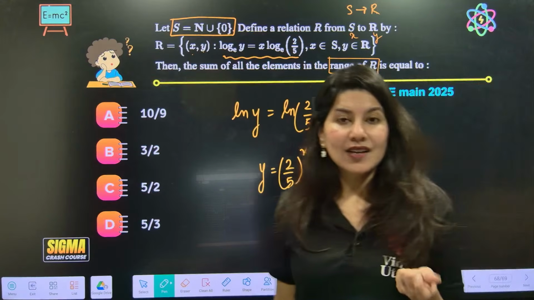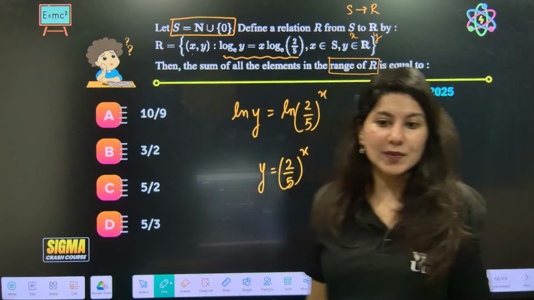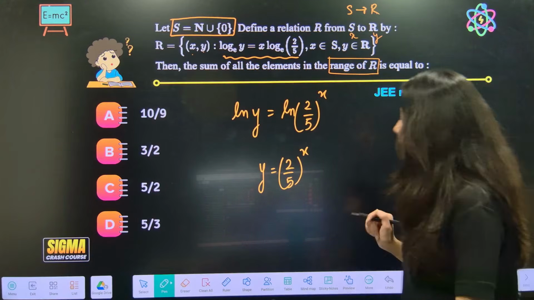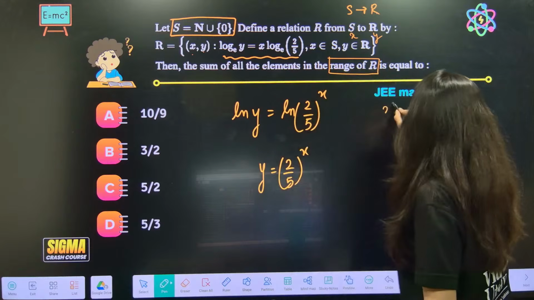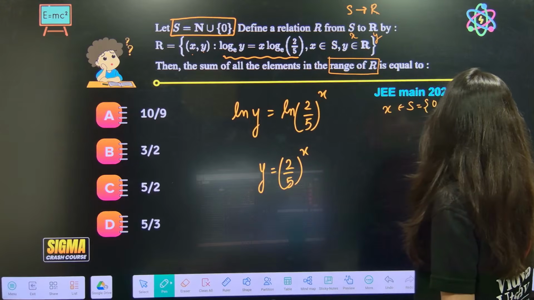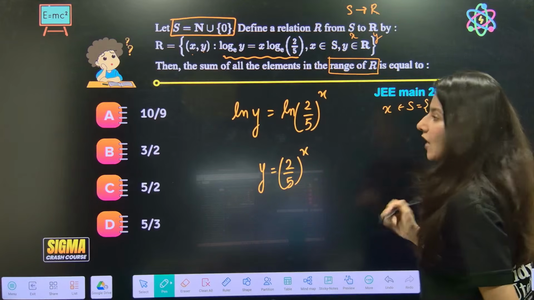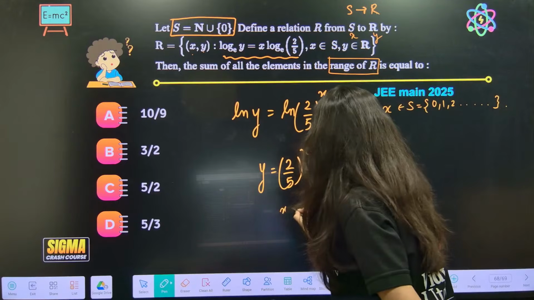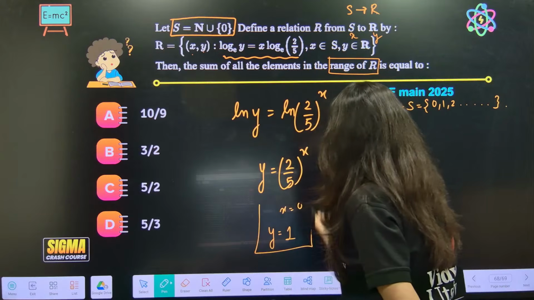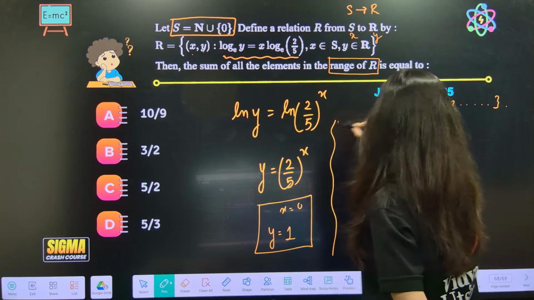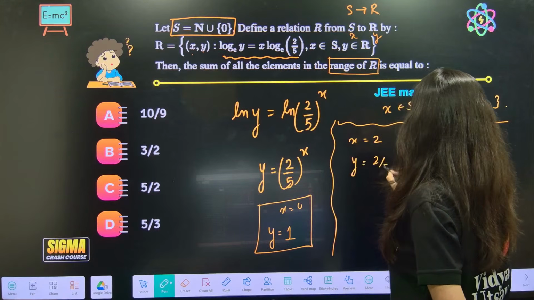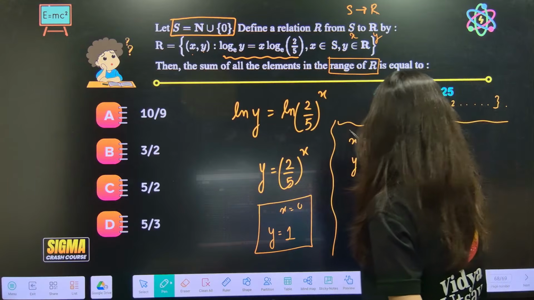So x will come from set S, which is whole numbers. What is S, ma'am? 0, 1, 2 and all the way up. So let's start putting the value of x. x equals 0. So y equals 1. Alright. Now x equals 1. So y equals (2/5) power 1.